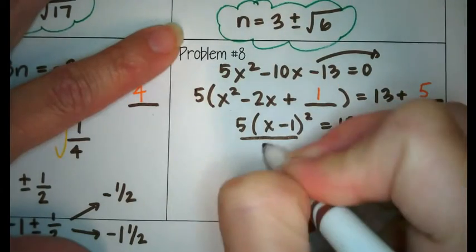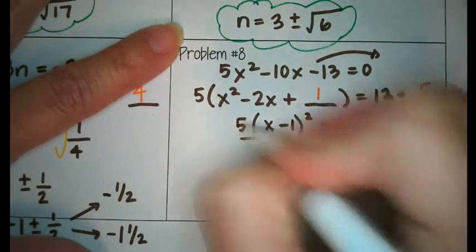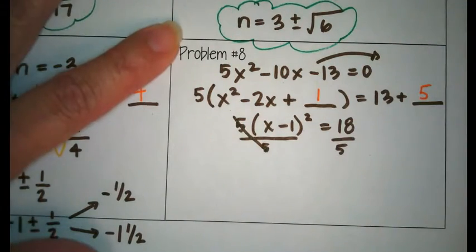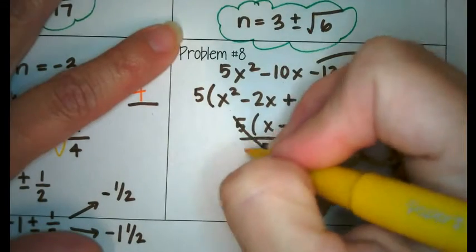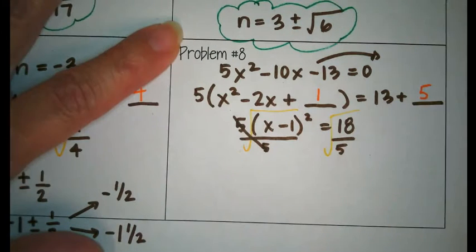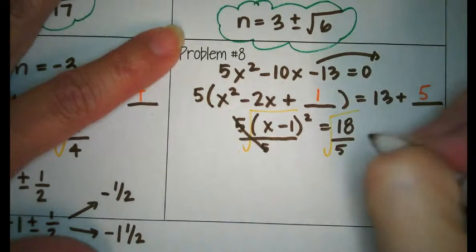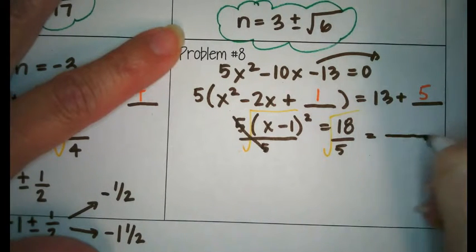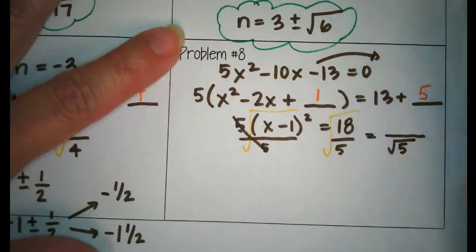Divide both sides by 5 so that will cancel. And now I can take the square root of both sides. So here I'm just going to pause for a second and take care of this square root. So I know that's going to be the square root of 5.